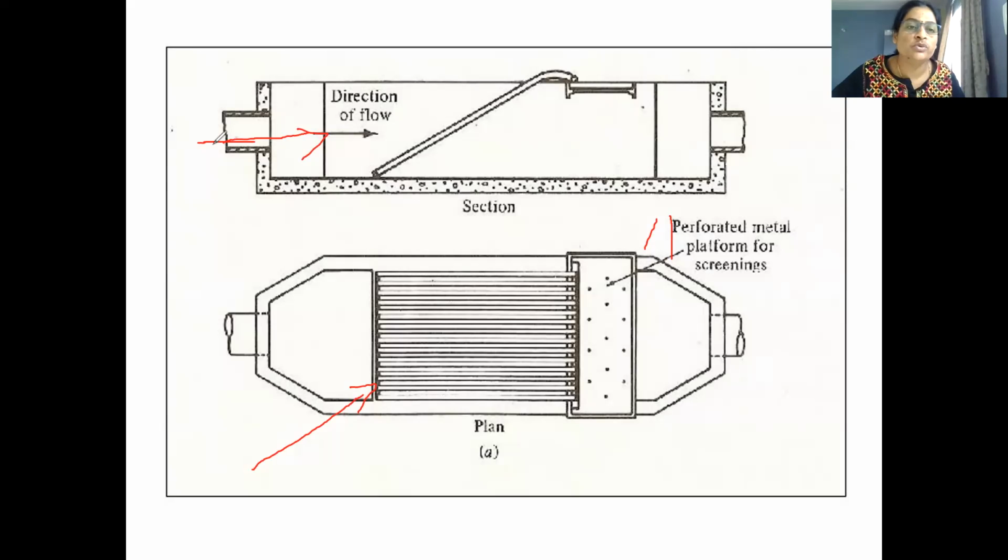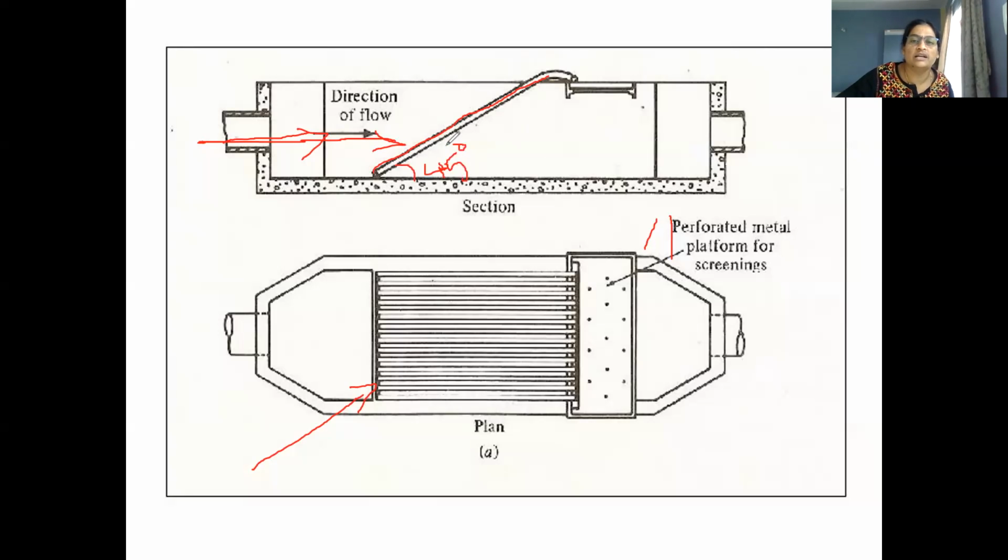Wastewater is entering through this channel, and you can see here this way the screens are. This is a section, so you understand how the 45-degree angle is maintained over here.